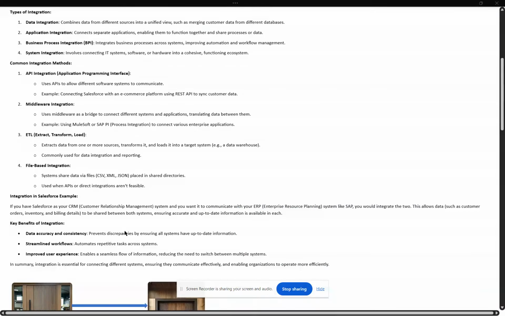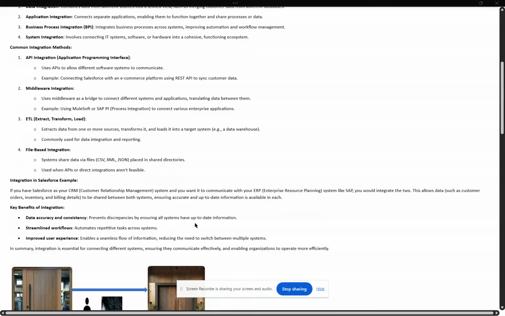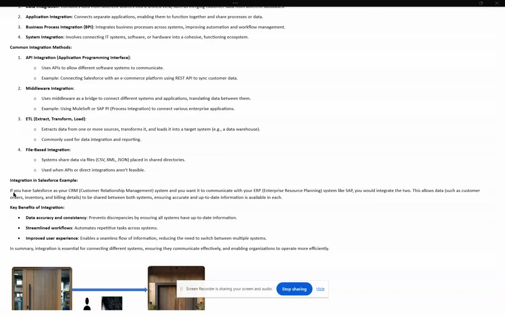So if we take an example of integration in Salesforce, I have created a couple of integrations, but before going to that, suppose you have Salesforce as your CRM and you want to communicate with an ERP, which may be SAP or any other service like Zoho CRM. An integration will allow the flow or exchange of data between these two systems.